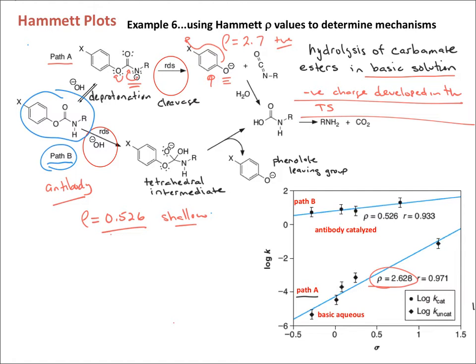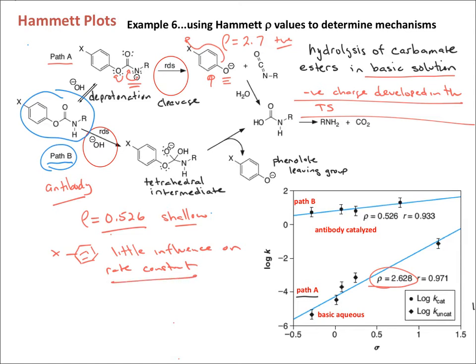And this would indicate that the mechanism in the presence of the catalytic antibody is different than the mechanism under hydroxide conditions. And so we can think about the fact that when we add the catalytic antibody, now this substituent is having little influence on the rate constant for the reaction.